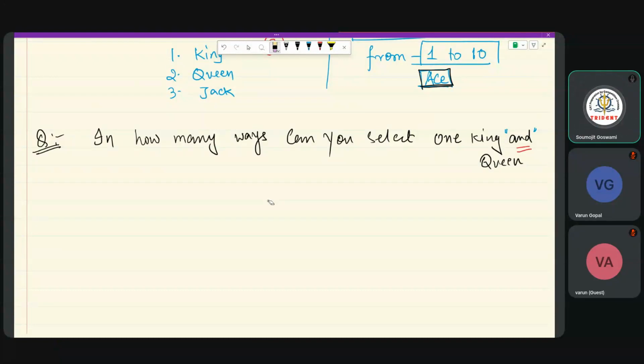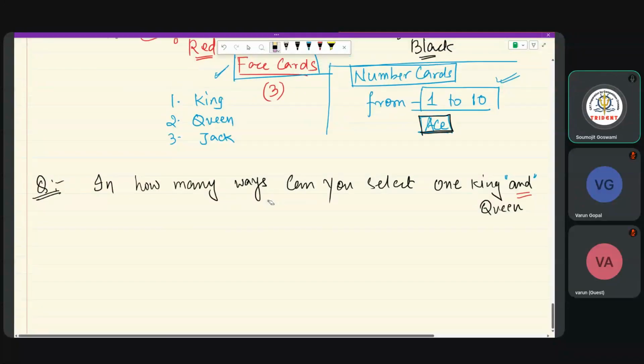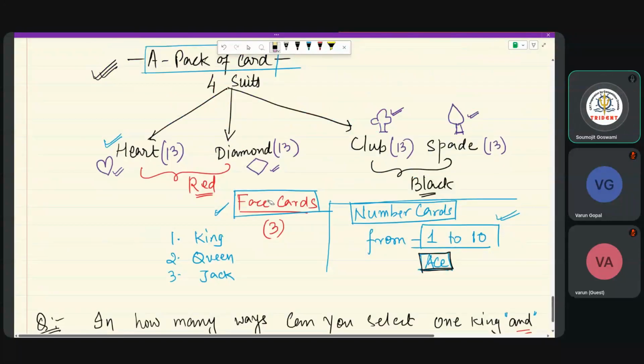No, because you don't have kings everywhere. There are number cards also, and then there are face cards. Face cards are available in these suits: club and so on. I will be taking the kings out from the four suits.